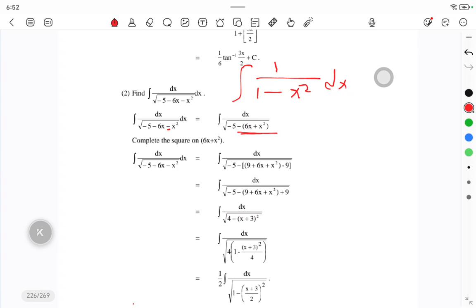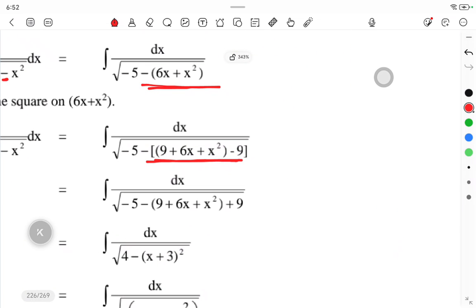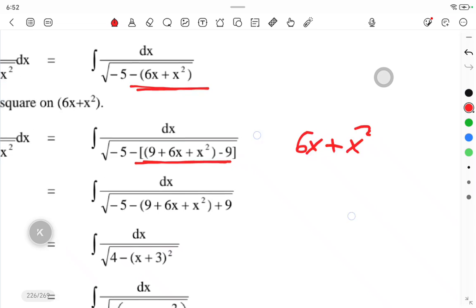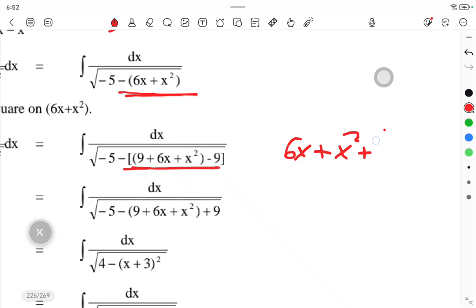Then after factoring out that negative, we apply inside there, we complete the square. So remember, if we come and complete the square here on 6x, I'm just going to come here and add 6 over 2 squared minus 6 over 2 squared.